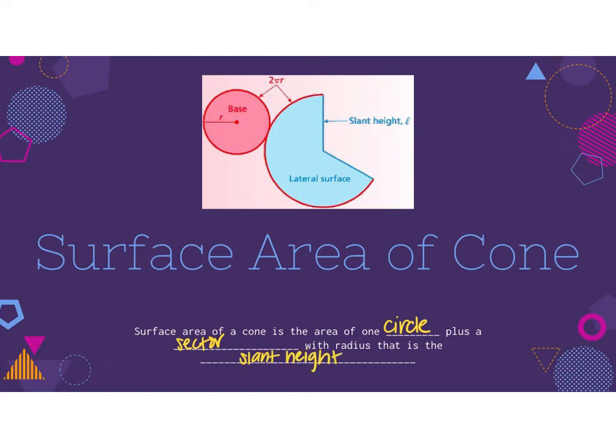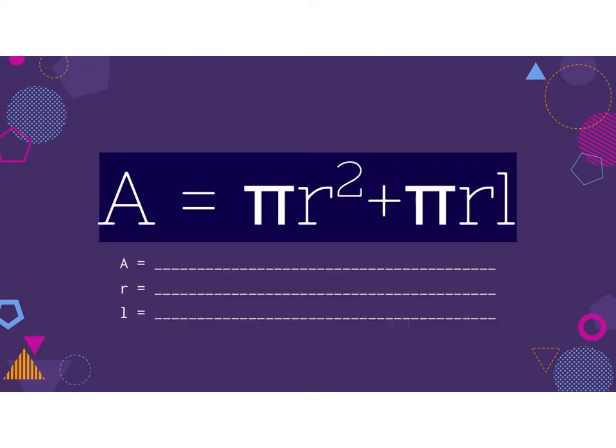So if you look at our picture, we have the base, we have a flat pattern, so the base, and then we unwrapped the other part, and you can see that the radius is the same thing as that slant height. So for our formula, we will use surface area equals pi times radius squared plus pi times radius times slant height.